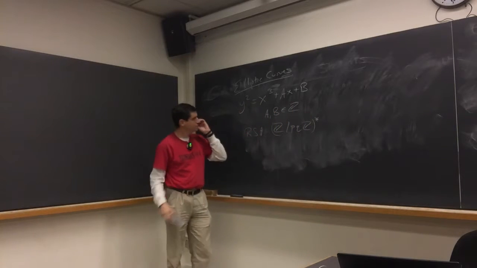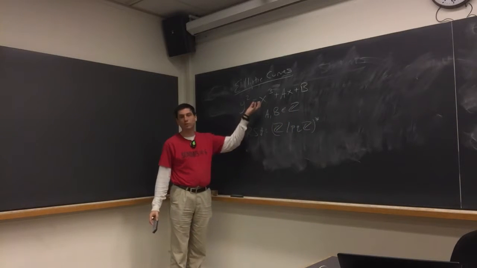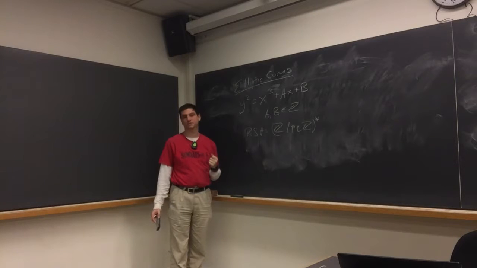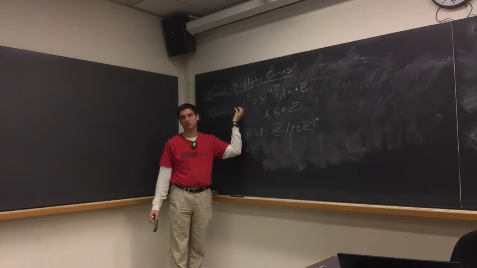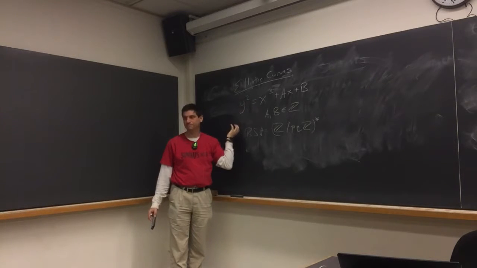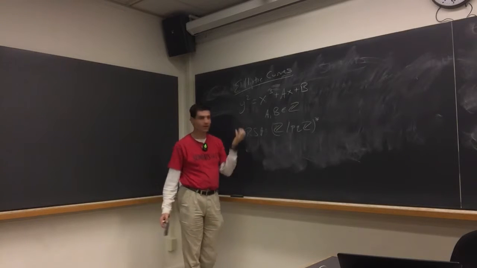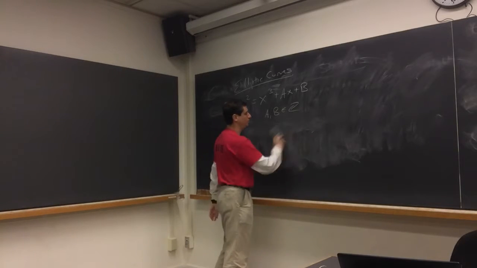Now the first question is, what do we get when we look at this over the rationals? What do we get when we look at it over the integers? Sorry, integers, rationals, reals, complex. Will this have complex solutions? If I give you an x, will there be a y that works? Yeah, it's easy to solve over the complex.